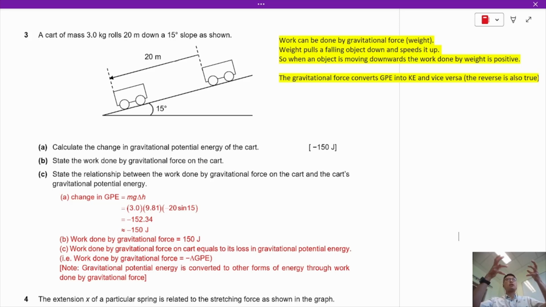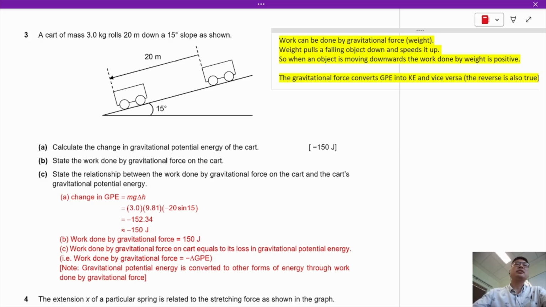The weight takes GPE from the object and converts it into the KE of the object. And vice versa. When an object is thrown upwards, it slows down because the weight is slowing it down. So the weight has taken the KE of the object that's going upwards and changed it to GPE.